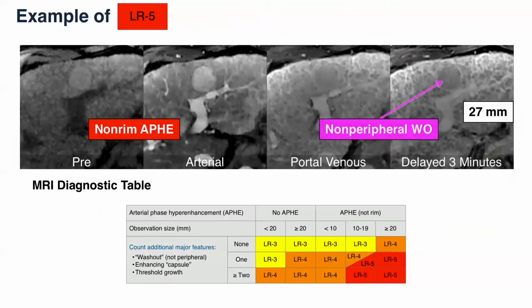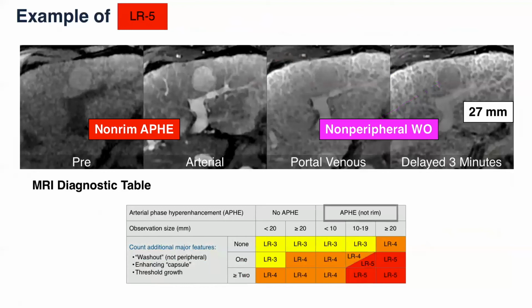And notice on the delayed images, this lesion becomes darker than background liver, so it has non-peripheral washout. Now, some of you might appreciate that there's a rim of enhancement around this observation, but this rim of enhancement is not thicker than the fibrosis surrounding the background nodules, so this does not qualify as an enhancing capsule, and I would say this observation only has non-peripheral washout.